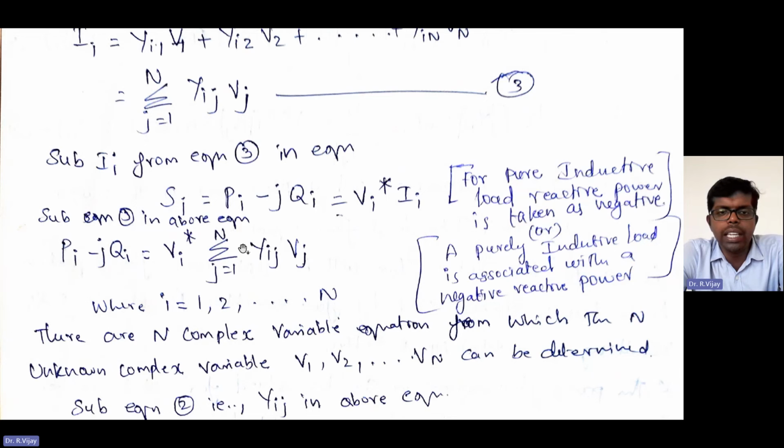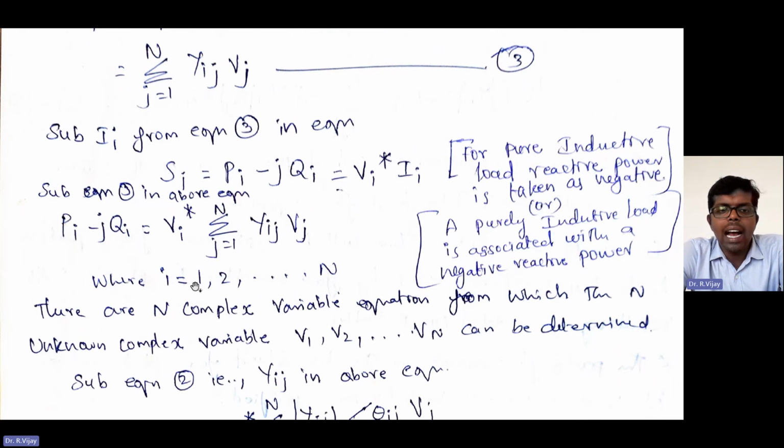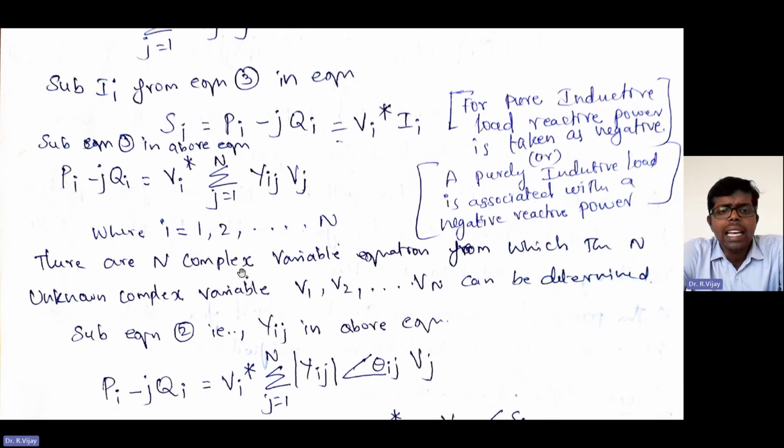We just substitute equation 3 here, so this equation is rewritten like this: Vi star into summation j is equal to 1 to n of Yij into Vj, where i is equal to 1 up to n. There are n complex variable equations from which n unknown complex variables, that is V1, V2 up to Vn, can be determined.